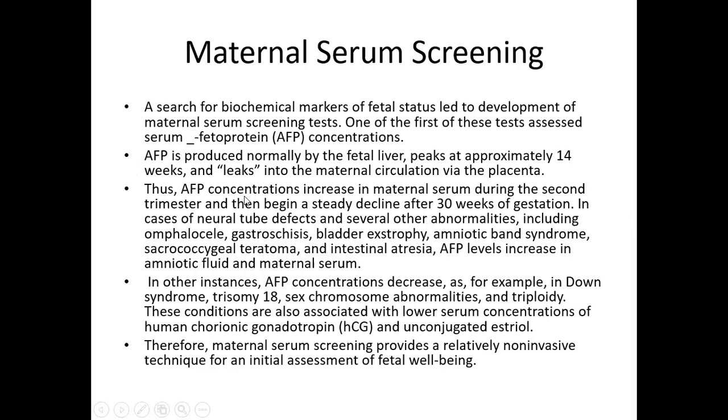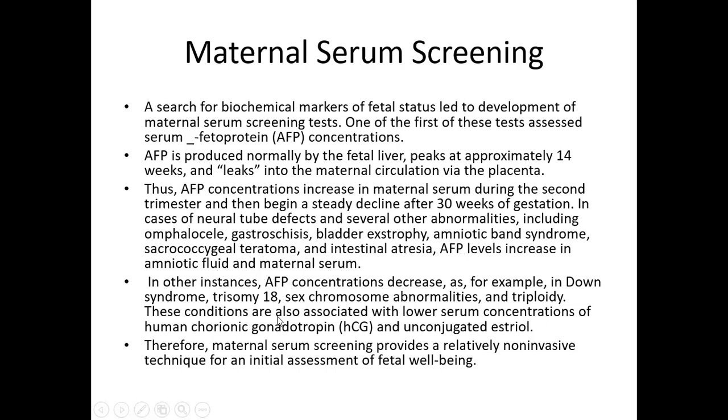So alpha fetoprotein concentration increases in the maternal serum during the second trimester, and then its steady decline occurs after the 30th week of gestation. In case of neural tube defects and several other abnormalities like omphalocele, gastroschisis, bladder exstrophy, amniotic band syndrome, sacrococcygeal teratoma, intestinal atresia, these alpha fetoprotein levels shoot up in the amniotic fluid and maternal serum.